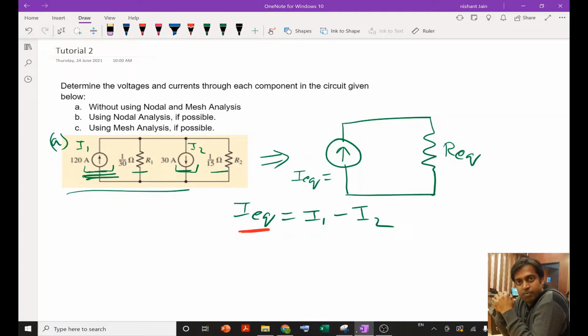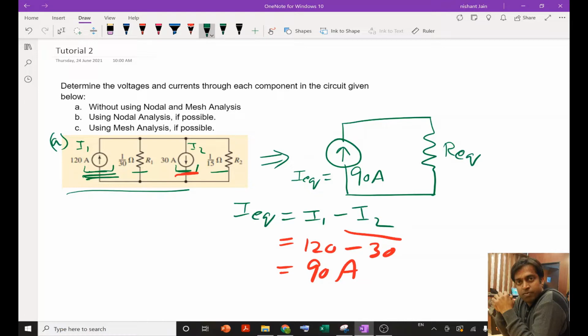Whereas I2 is in the opposite direction in comparison to I equivalent, so I2 is taken as negative. Substituting the values, I get 120 minus 30, which equals 90 ampere. So this equivalent current source will be 90 ampere.